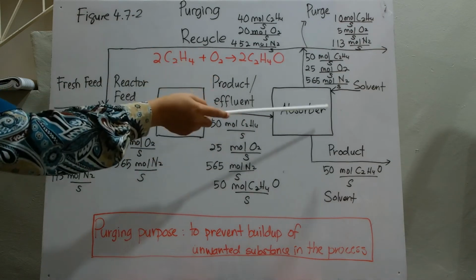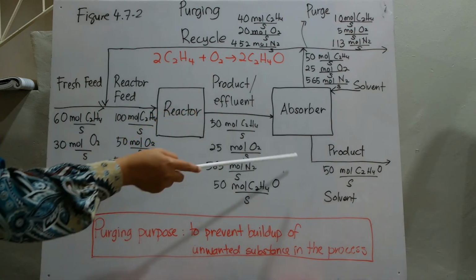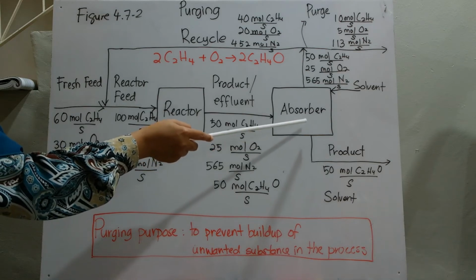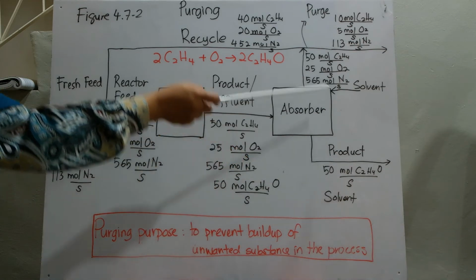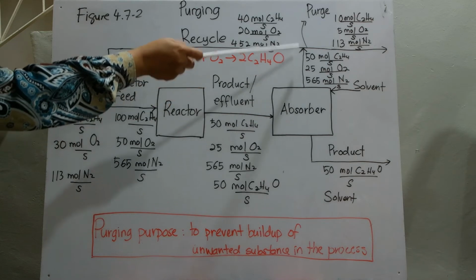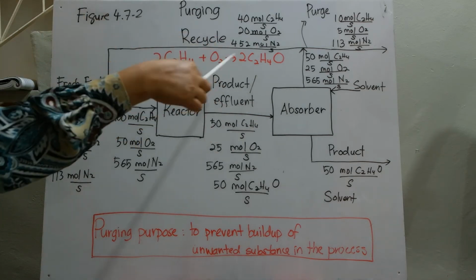So solvent comes into the process and extracts your ethylene oxide, and it goes out in one product line with ethylene oxide and the solvent. The other line coming out from the absorber is the remaining compounds from the product line.